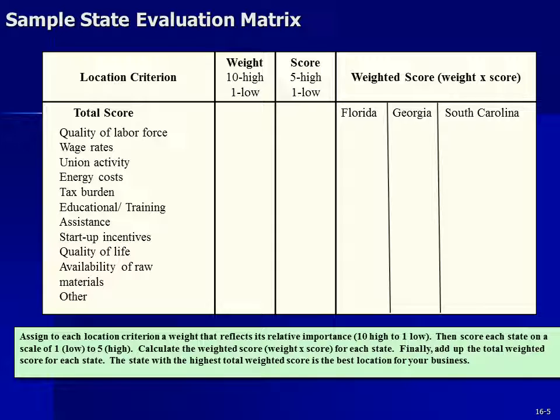After assigning to each location criterion a weight that reflects its relative importance, 10 high and 1 low, score each state on a scale of 1 low to high. Then calculate the weighted score, weight multiplied by score. Multiply both of them and then add the total weighted score for each state. The state with the highest total weighted score is the best location for your business.